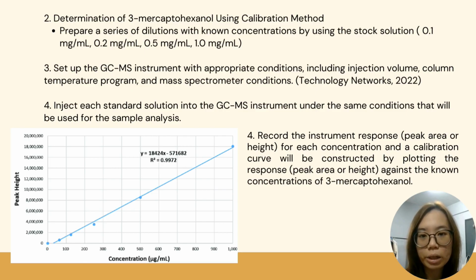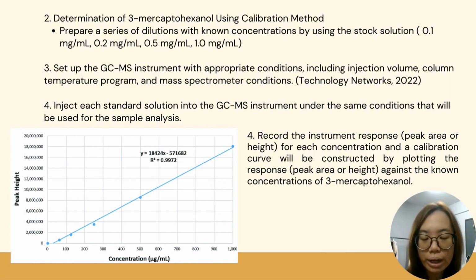Next is the determination of 3-methylhexanol using the calibration method. We need to prepare a series of dilutions with known concentrations by using the stock solution that we prepared earlier. Then, set up the GCMS instrument with appropriate conditions, including injection volume, column temperature program, and mass spectrometer conditions.